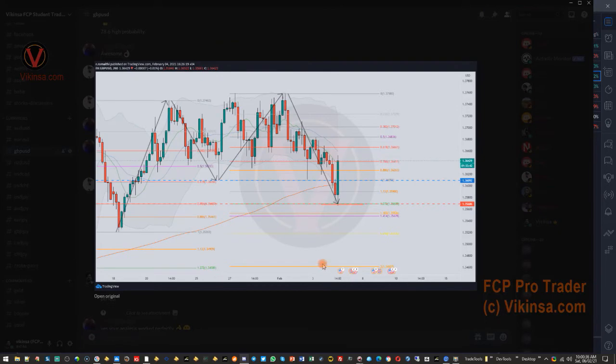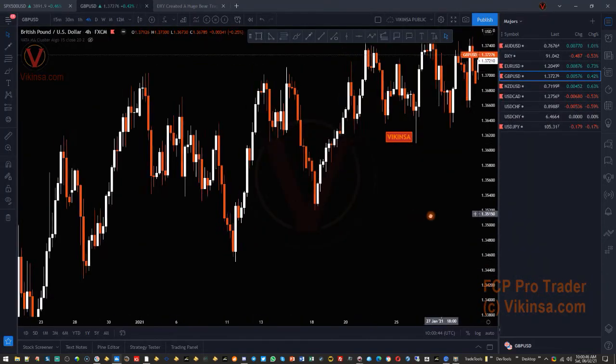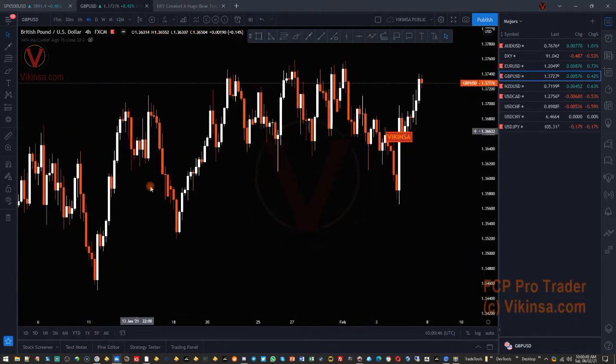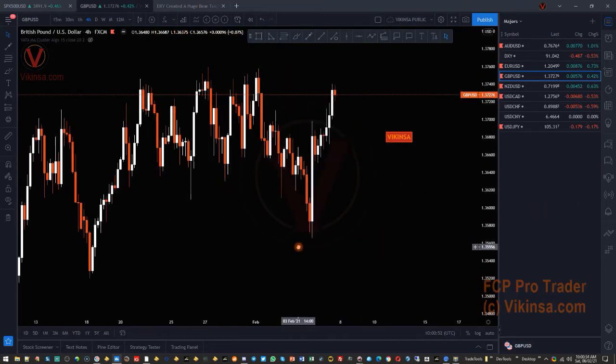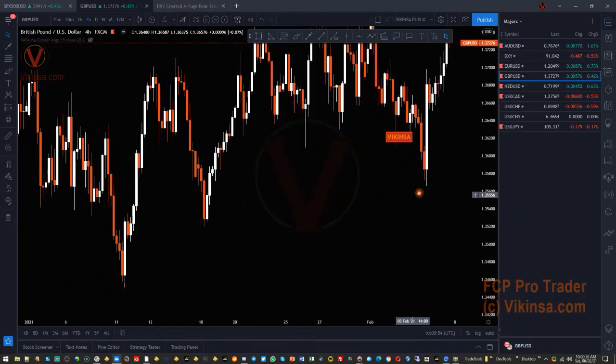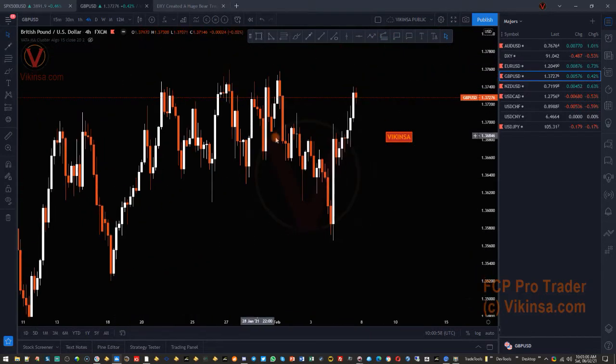This one was done by one of the students, one of the clients here, and the target was hit on his analysis. So this is a gold mine, because you can just trade all these WNM patterns, which are highly predictable if you know what you are trying to do with your Fibonacci settings and the knowledge that you gain. So this is looking very good.